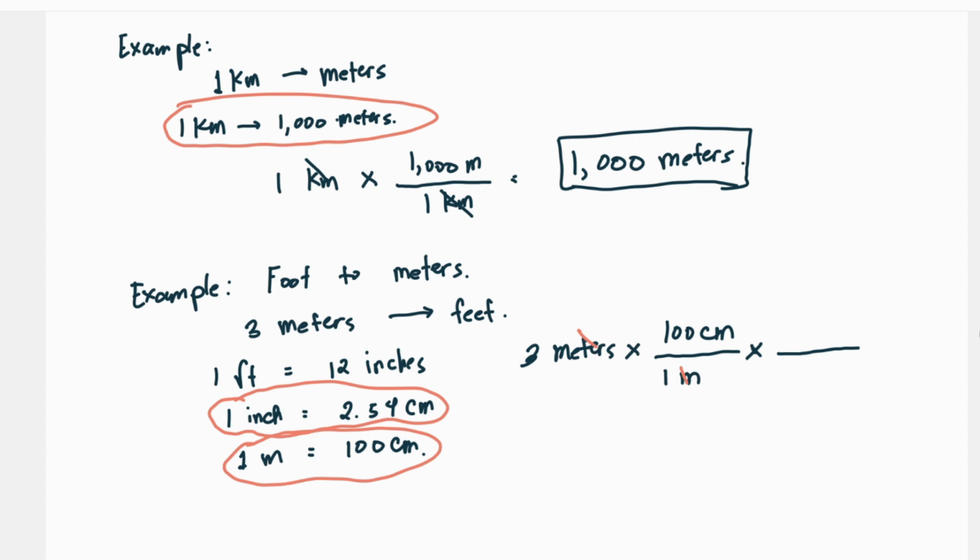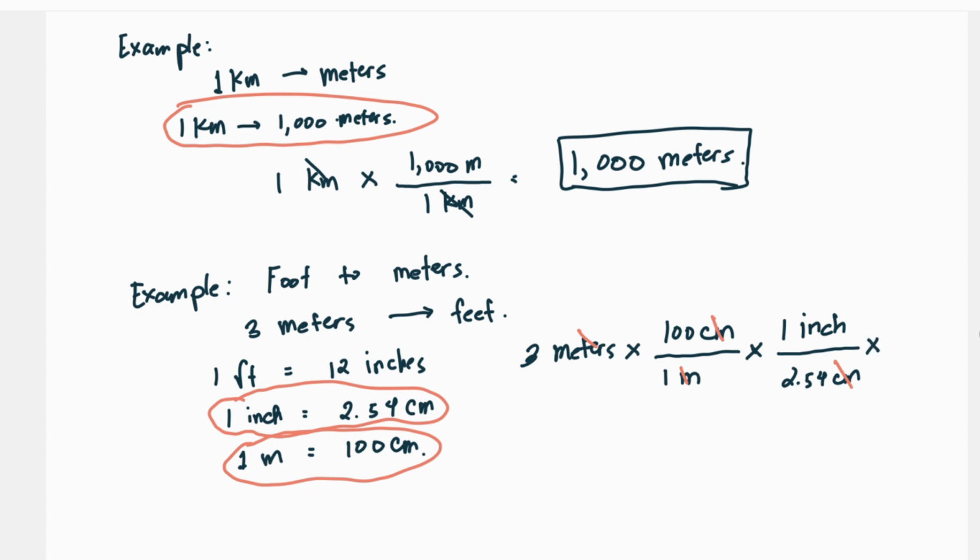So always remember that in order to cancel the units, they must be set opposite each other in the fraction. So in this case, I'm going to write here 2.54 centimeters is equivalent to 1 inch. So in this way, I would be able to cancel the centimeter unit. Now, what remains now is our inch unit.